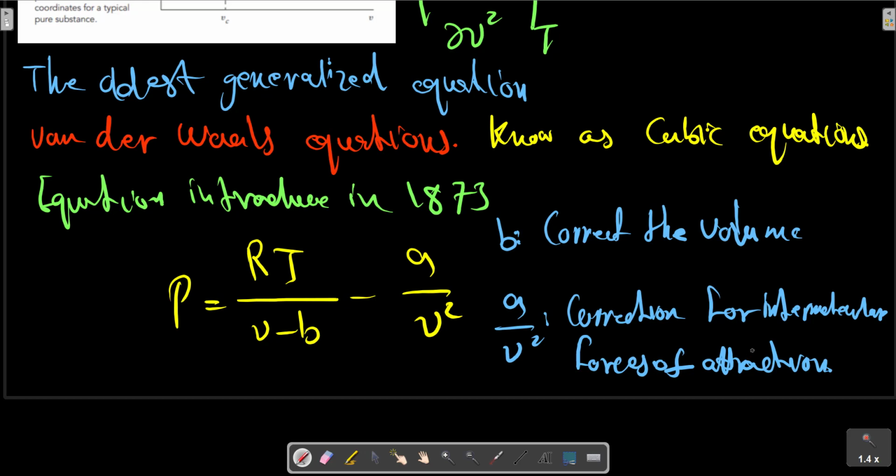In particular, these constants are evaluated by noting that the critical isotherm passes through a point of inflection at the critical point and that the slope is zero at this point. Therefore, we take the first two derivatives with respect to V of the equation and set them equal to 0.